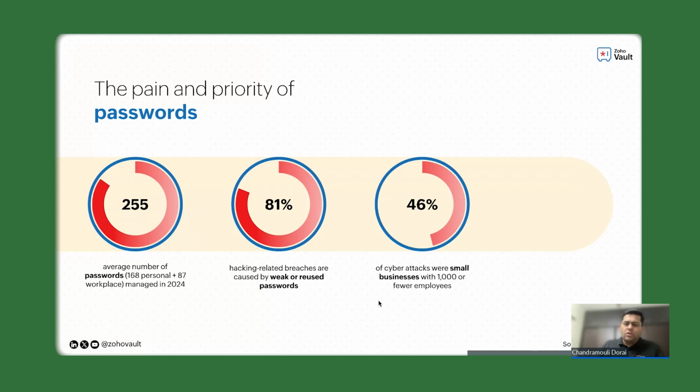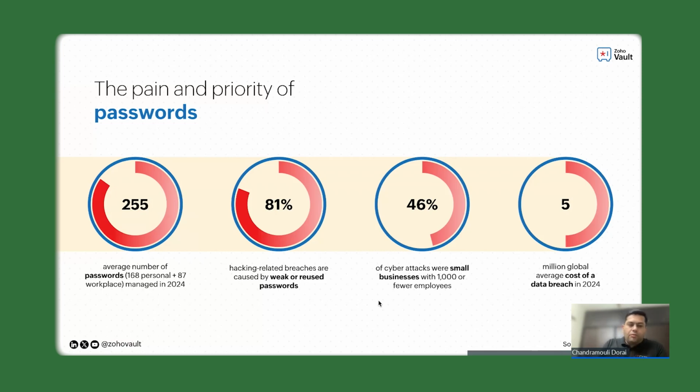More than that, cyber criminals and malicious insiders target small businesses that are not equipped with the right tools and resources. And finally, the average cost of a data breach today is more than 5 million. So we just wanted to give you a holistic picture of why password management is important.